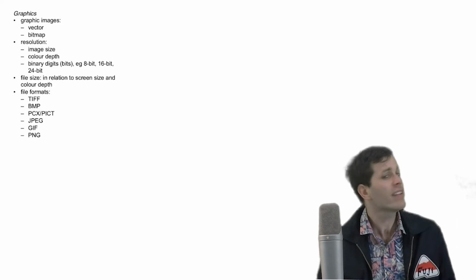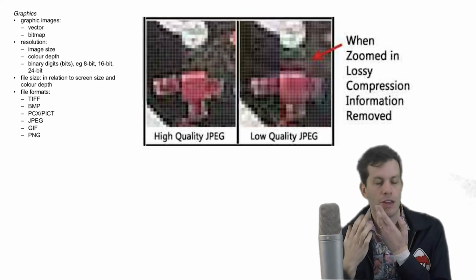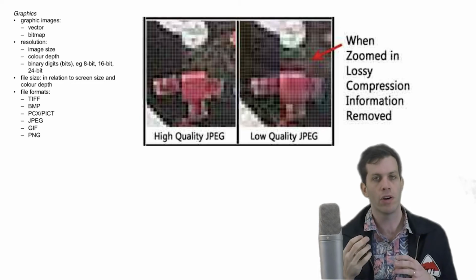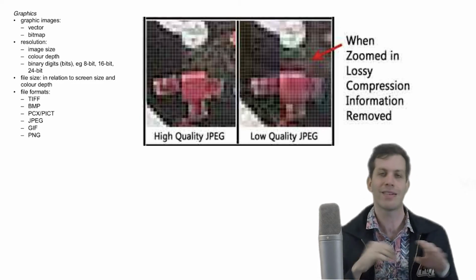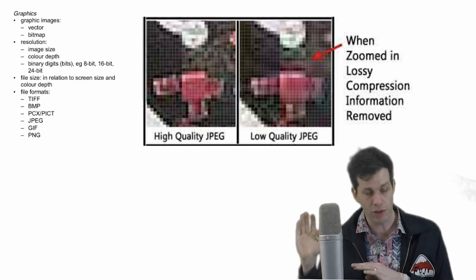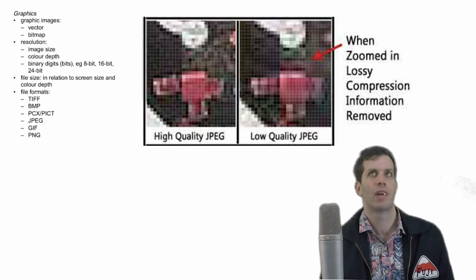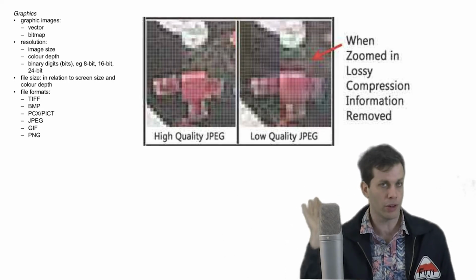So we could compress that. We can say, all right, so this pink color is very close to this pink color, so we're just going to say that it's the same, and we're going to give it the same information, and we're going to throw out all that extra data that says it's different. So that's effectively lossy compression, where we chuck out all that extra information.